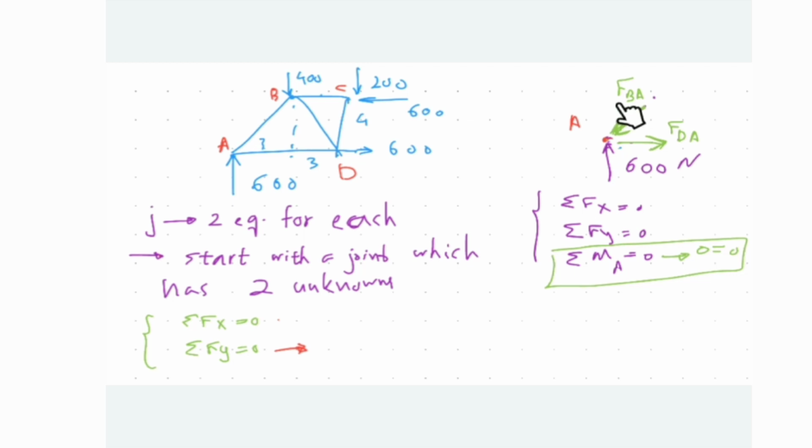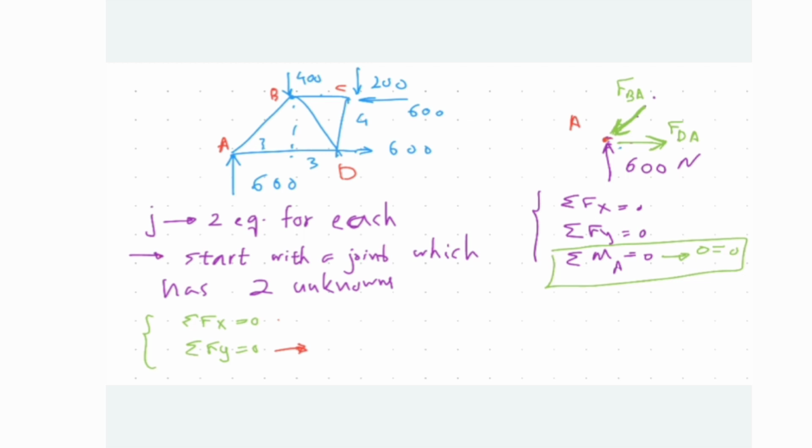If you write down sigma of x, firstly you have two unknowns, so my suggestion is using sigma of y. As I showed you, these two are fighting with each other in the vertical direction, and we found the direction of this one first, so it's easier to start with sigma of y.